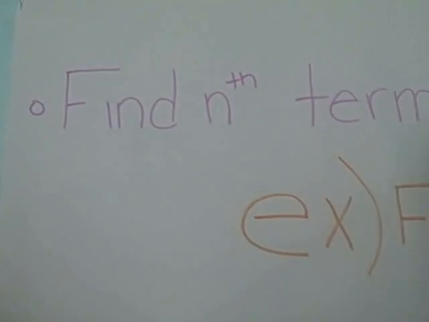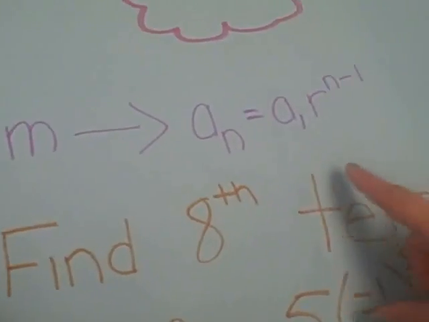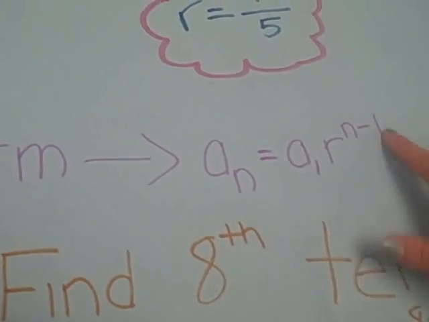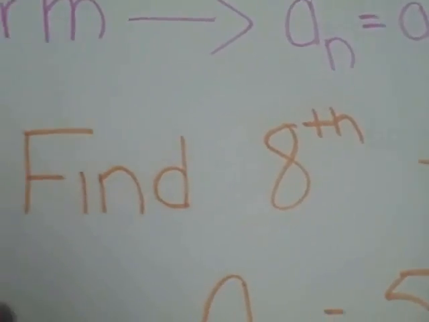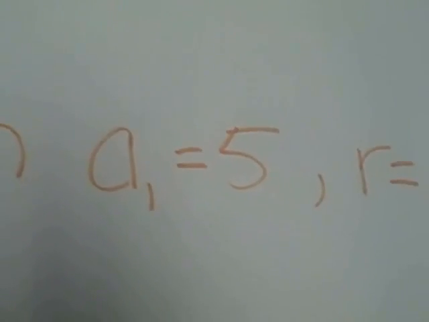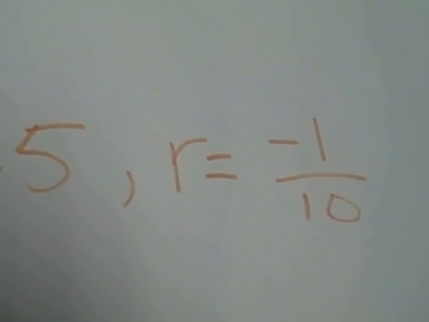Okay, now we're going to learn how to find the nth term. To find the nth term, you use a1 times r to the n minus 1. Now, the problem is find the 8th term given that a1 equals 5 with a ratio of -1/10.